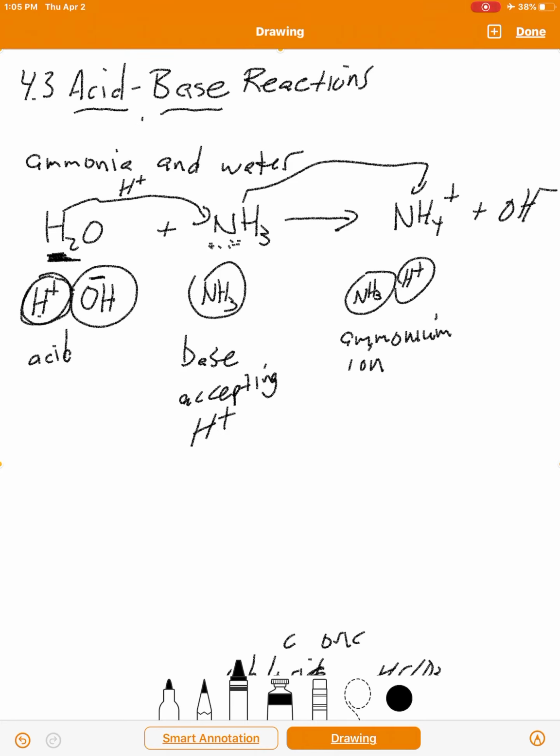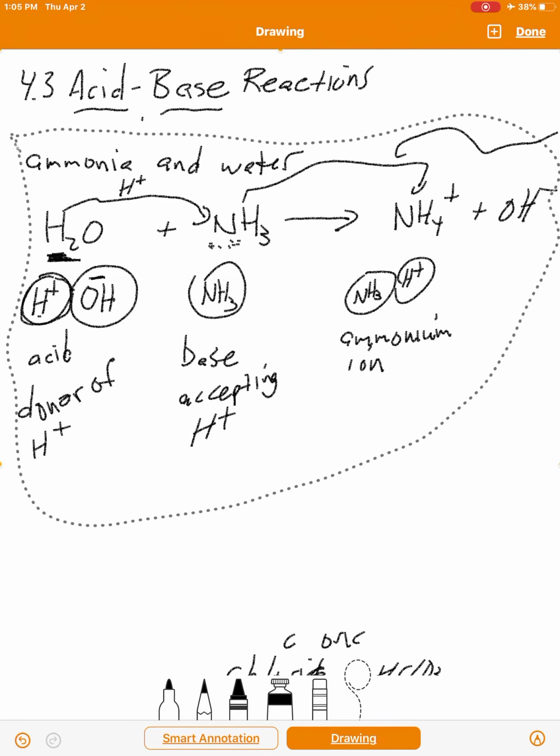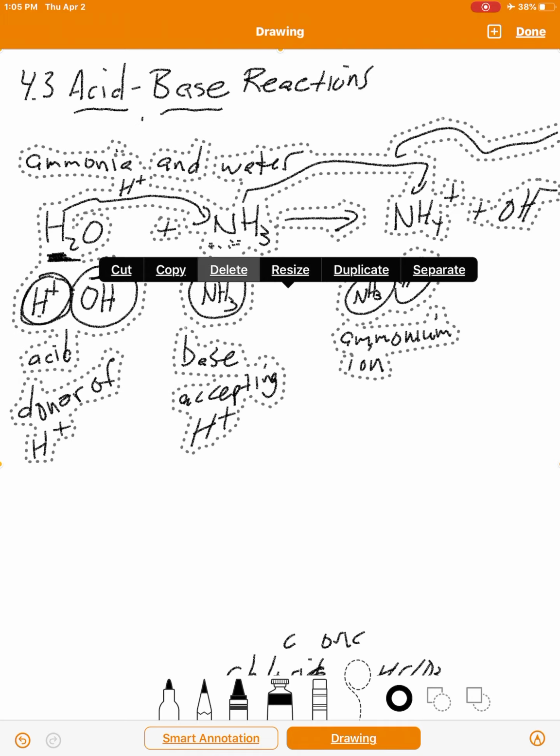And this one would be the acid because it's donating. It's the donor of the H+. Okay, and then these would be products. So that's the theory of acid-base chemistry from the perspective of Bronsted-Lowry. There are other theories of acids and bases out there. If you take Chem 12, you'll actually learn a third.